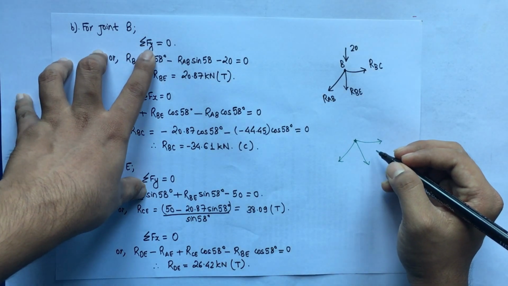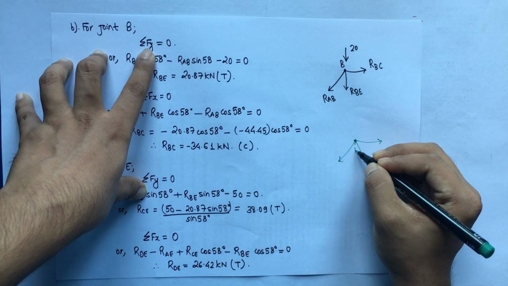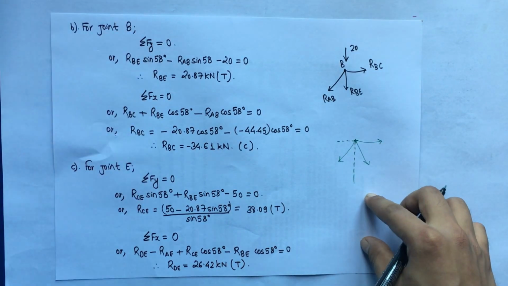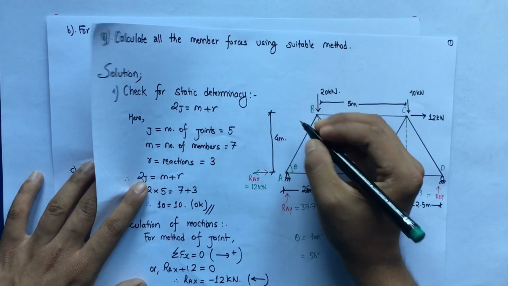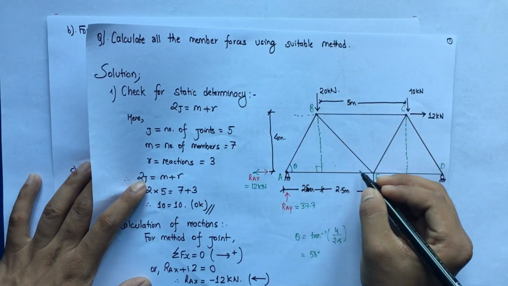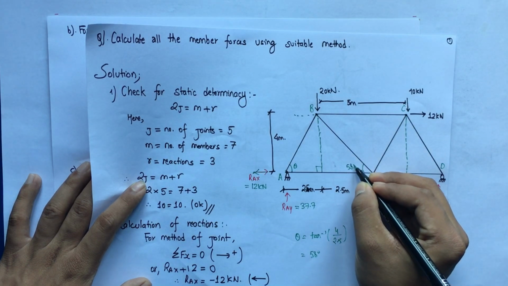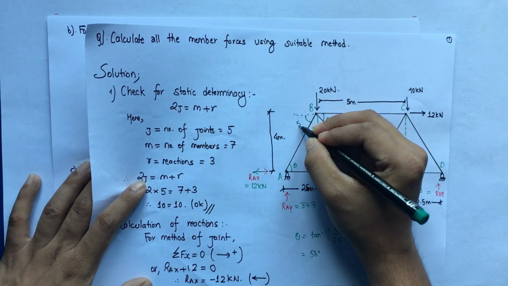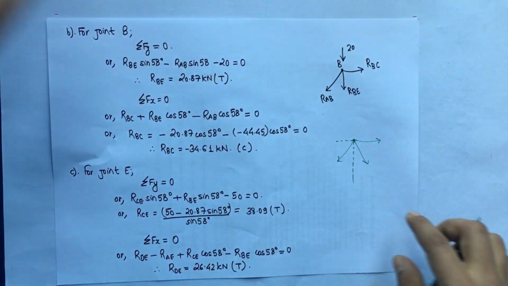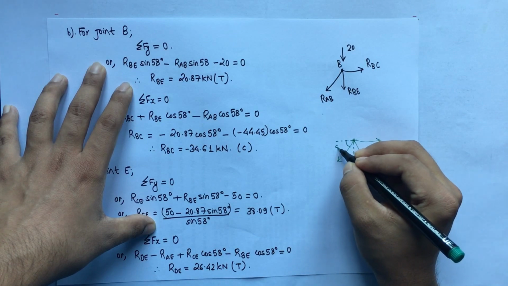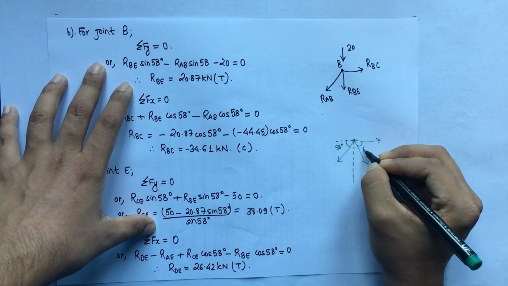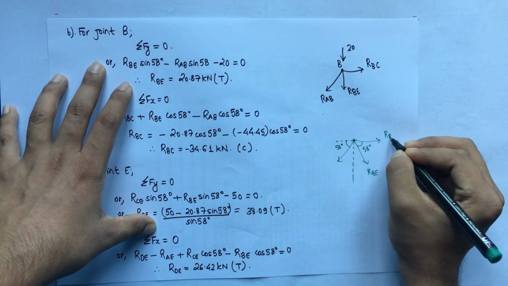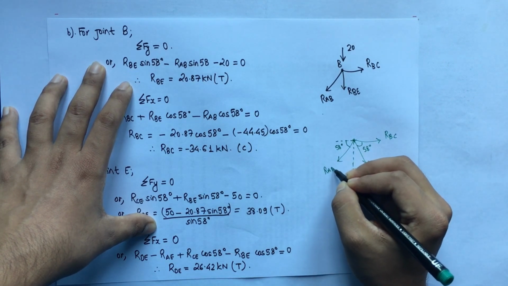So considering summation Fy, that is the vertical direction, we have two forces that have to be resolved. So this will also be 58 degree. Considering alternate angle, this will be 58 degree and this will be 58 degree. This is RBE, RBC, RAB.